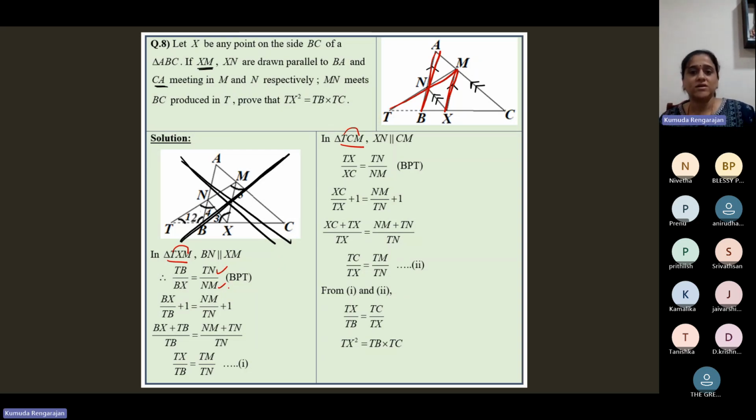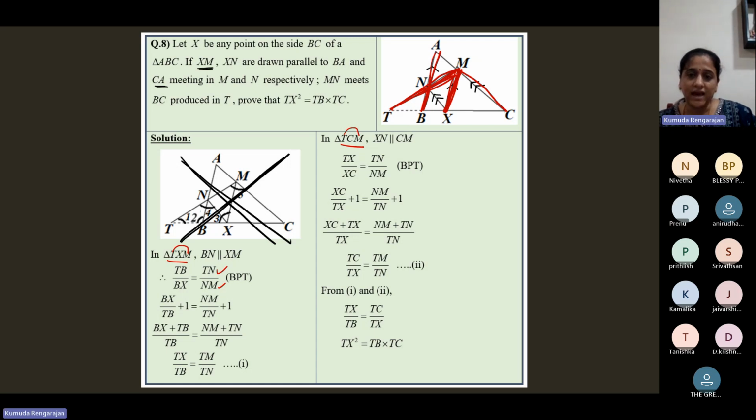You understand? So we have taken one triangle, TMX, where this is parallel to this.